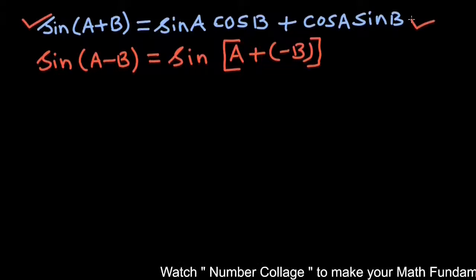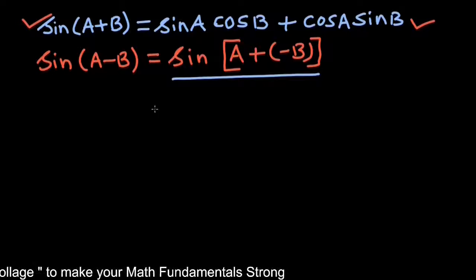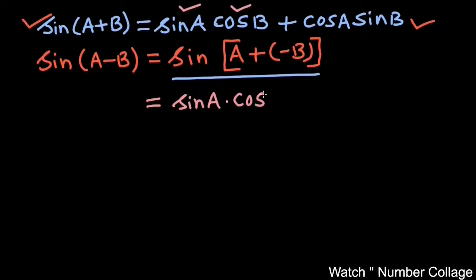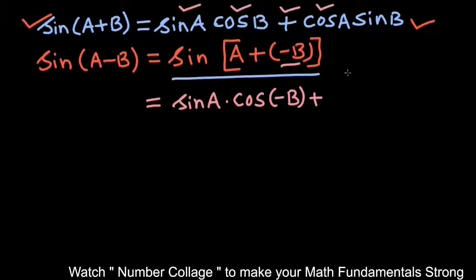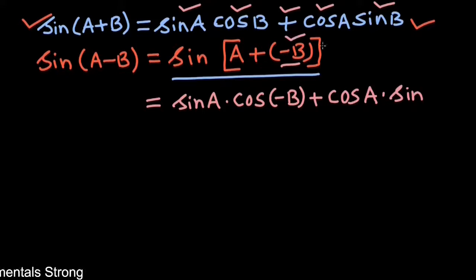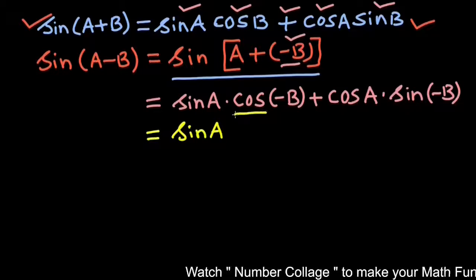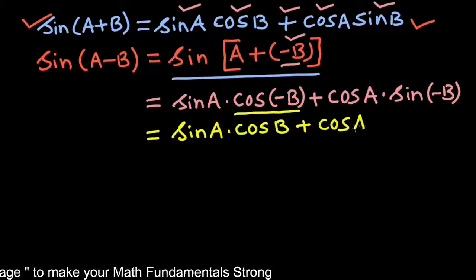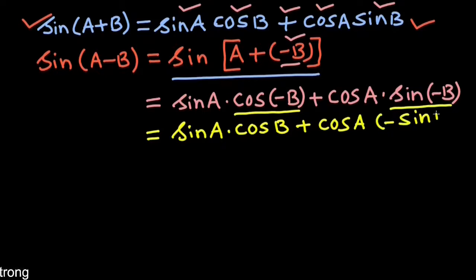Now we will apply this addition formula on this and write sin (A minus B) equals first sin A, then cos of minus B, then this plus, then cos A, then sin of this minus B. So it will be sin A, but cos of minus B will be just cos B, plus cos A, and sin of minus B will be minus sin B.